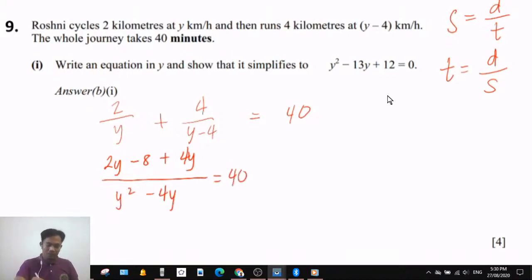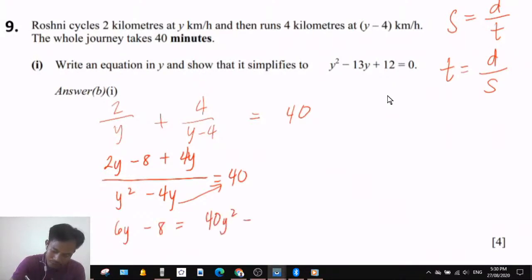Okay, I will multiply this to this. That will become 2y plus 4y is 6y minus 8 is equal now to 40y squared minus 40 times negative 4. 40 times negative 4 is negative 160y.